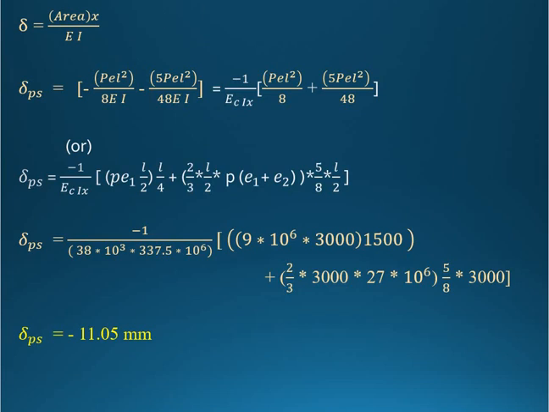Next step, what I have done is, I have just taken a common, that is minus 1 by EC into IX into PEL square by 8 plus 5 PEL square by 48. Either you can write this formula as the final stage, or you can split and write like this also.